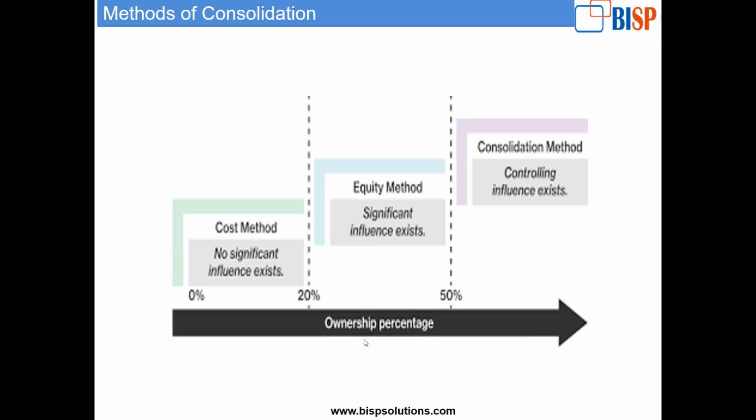So where there is significant influence, we follow the equity method of consolidation. And then when the acquisition takes place between 50 to 100%, we follow the total consolidation method, where full control exists.